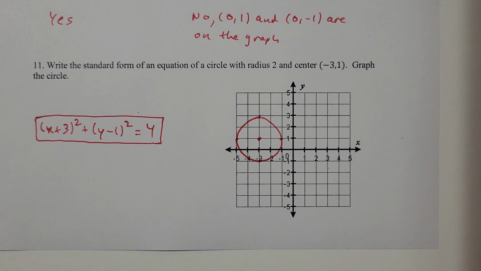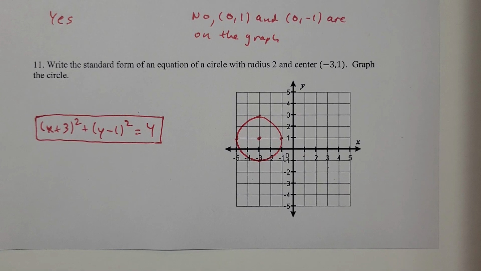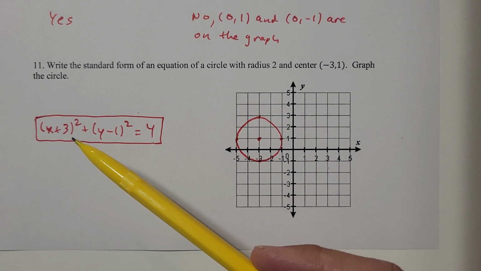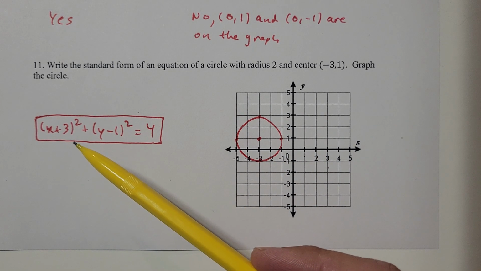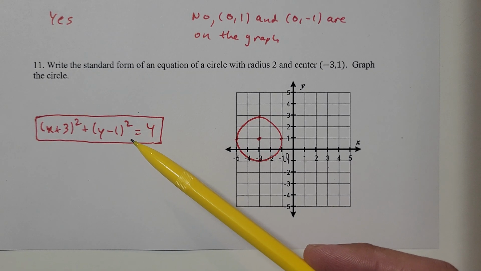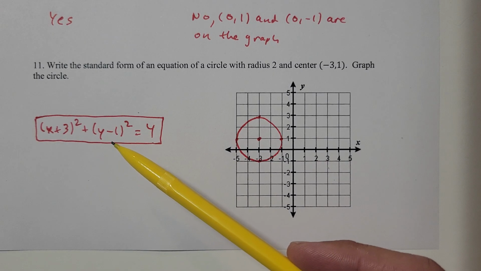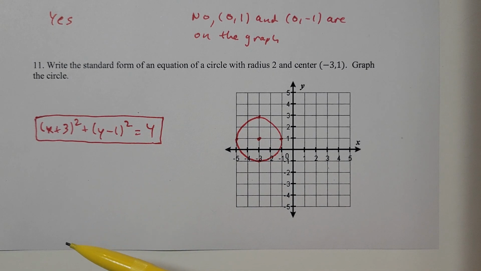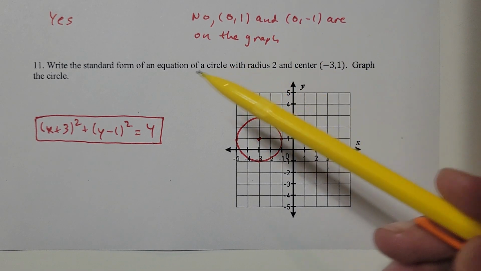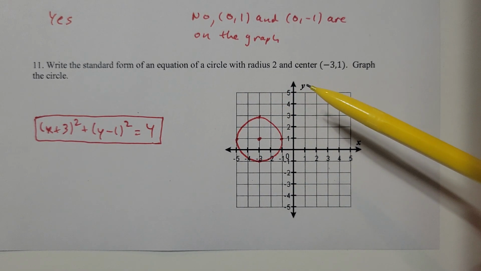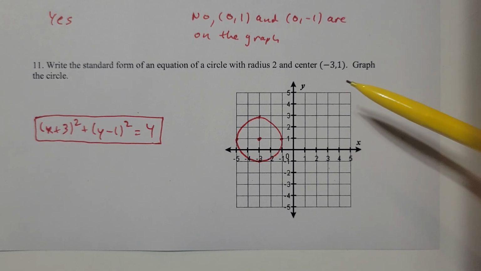The next thing is a little bit with circles. So a circle in standard form is where you have the equation x minus h squared plus y minus k squared equals the radius squared. hk is the center point. Okay, so I want us to write the standard form of an equation of a circle with radius 2 and center point at the point negative 3, 1.